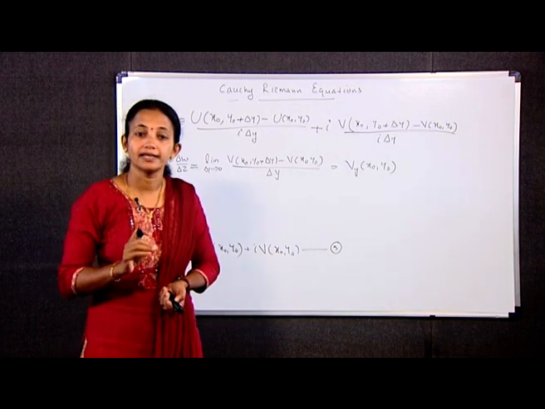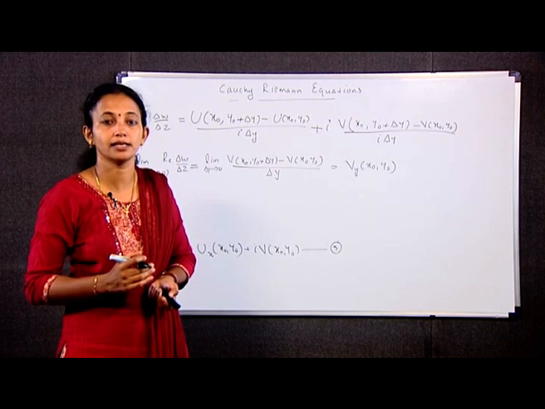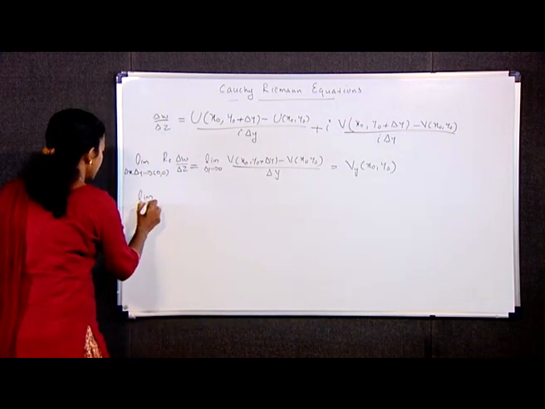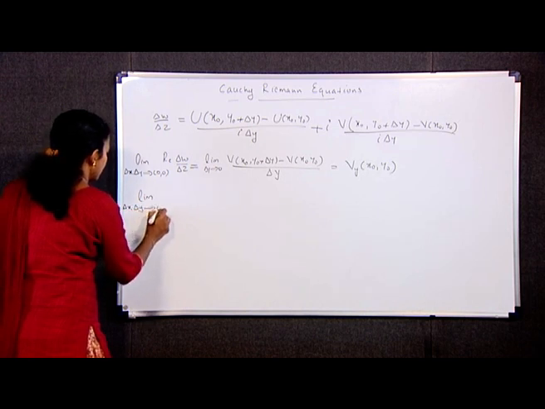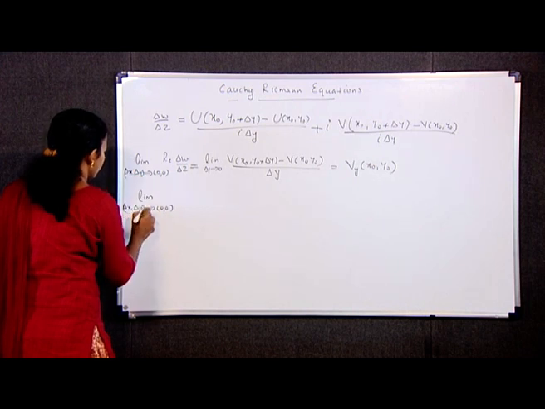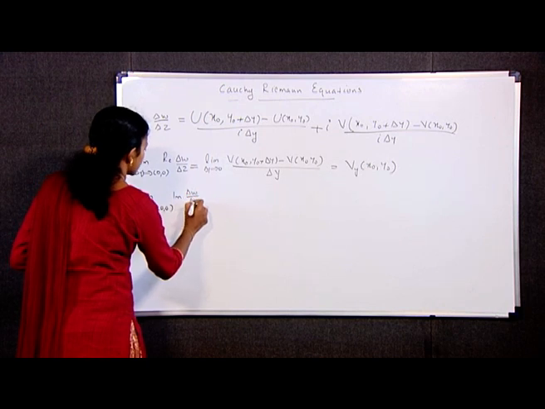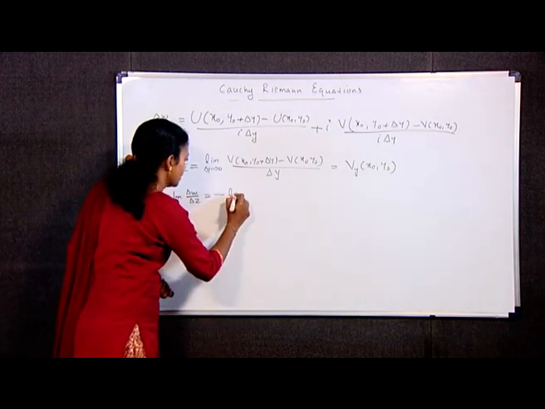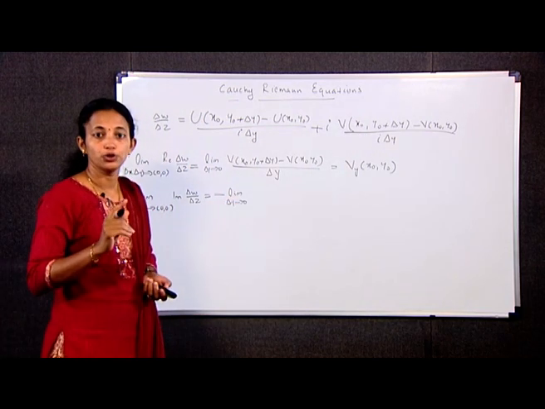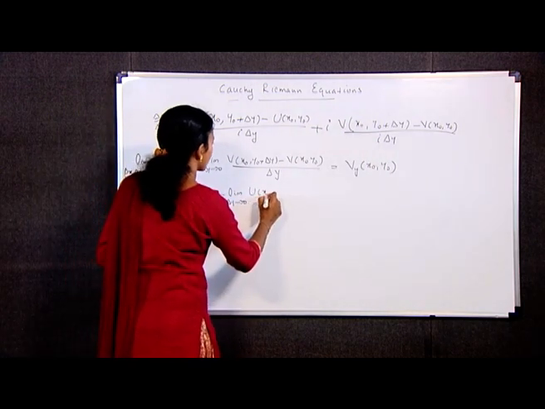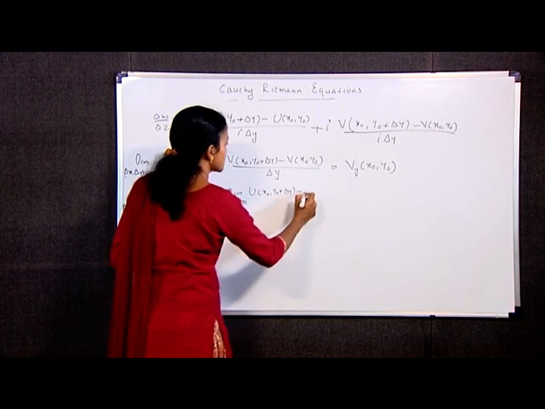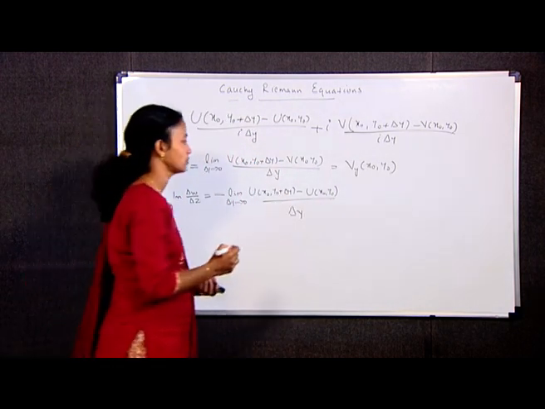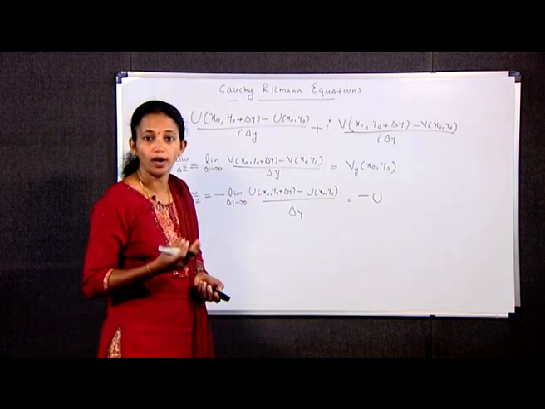And also, the limit as delta x, delta y tend to 0, 0 of the imaginary part of delta w by delta z is equal to minus, here we have a negative sign, the limit as delta y tends to 0 of u(x naught, y naught plus delta y) minus u(x naught, y naught) by delta y, which is equal to minus u_y(x naught, y naught).